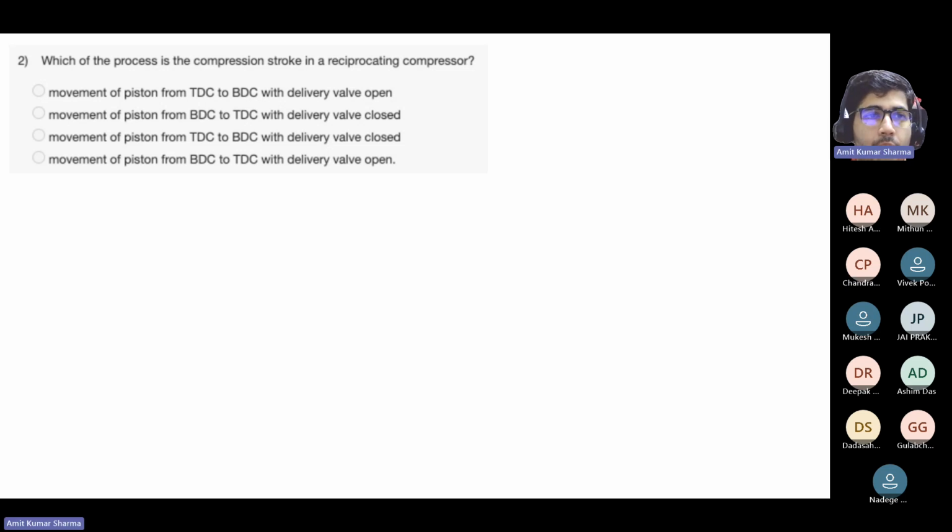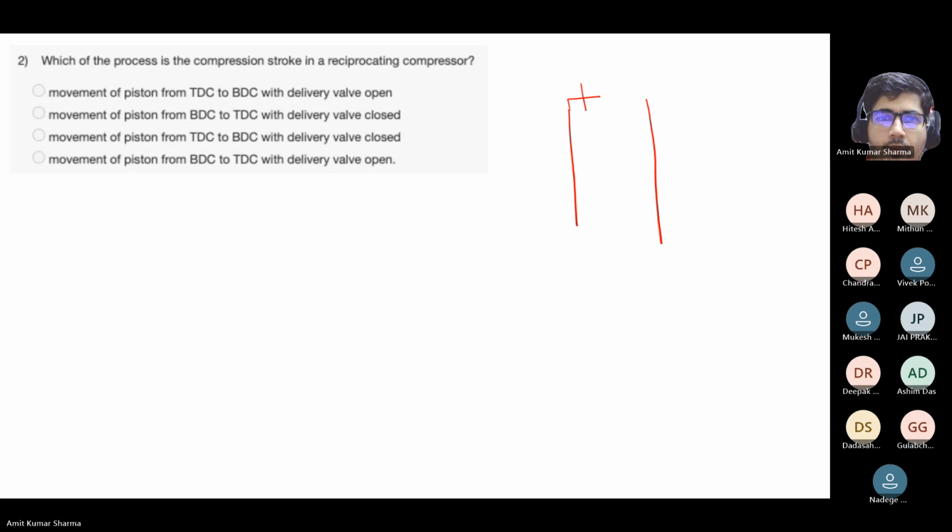So which of the processes is the compression stroke? If I make a simple sketch, suppose this is inlet, outlet, and we have a piston.